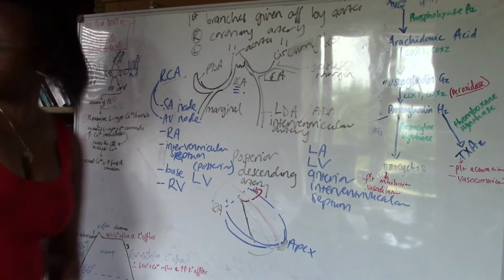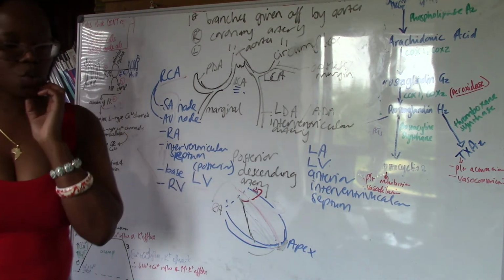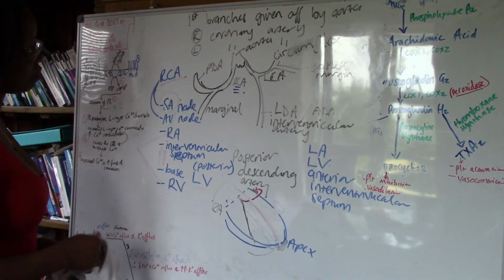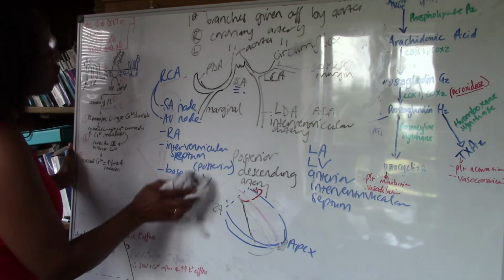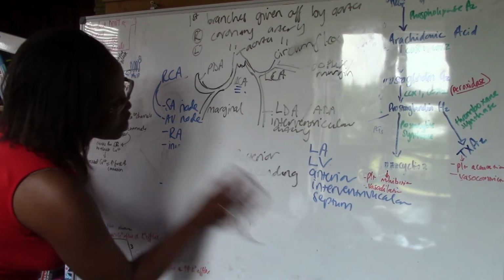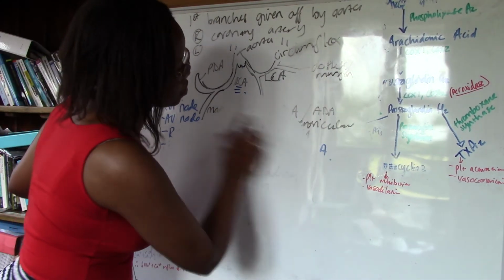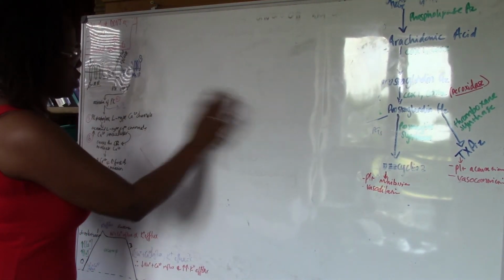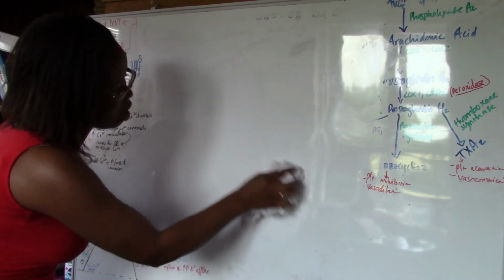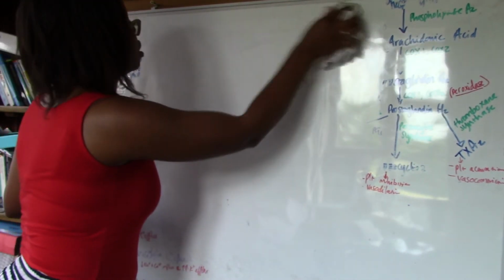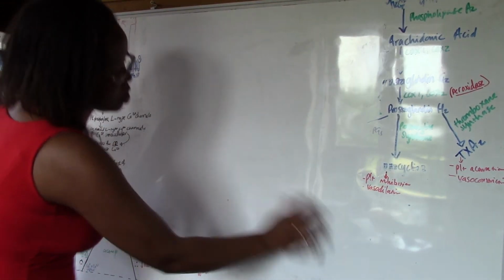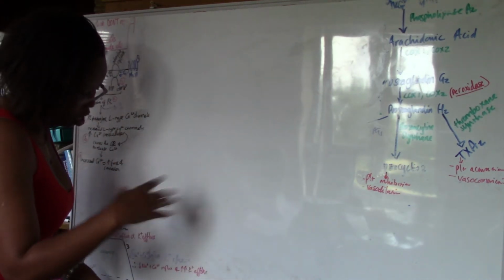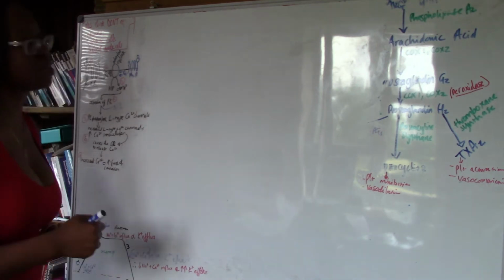So the next section that I'm going to look at will be the veins. And since I am doing the arteries, I just want to do the veins now and make sure that that is done, so that when I next do atherosclerosis, I would have covered all the vessels.